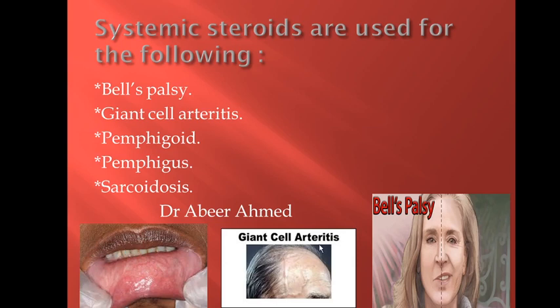Can you see there is a shifting of the mouth upwards? This is a picture of a patient with giant cell arthritis, and this is a patient with sarcoidosis. And finally, we're going to talk about pemphigoid and pemphigus and say the difference.